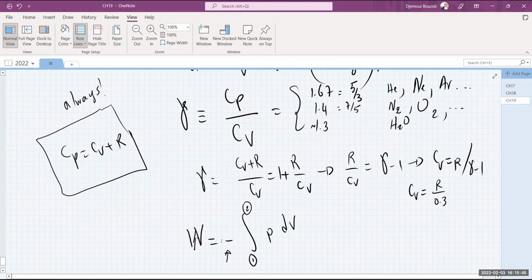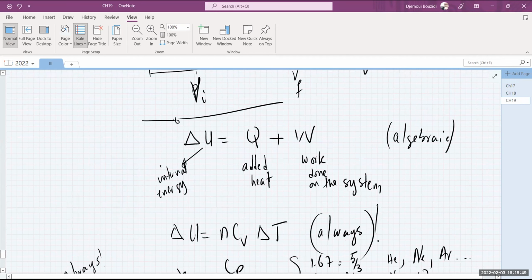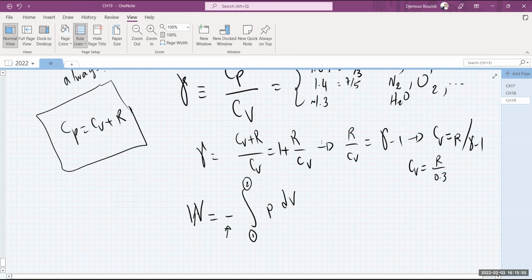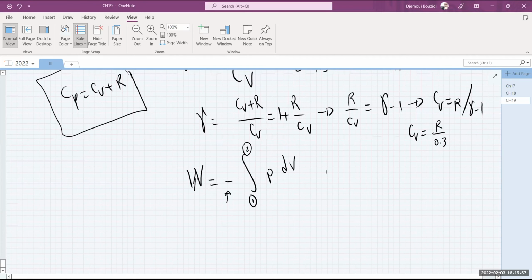In other words, if you decide to put a plus in here, delta U then becomes Q minus W. So there is always a minus one way or the other. You could skip the letter W altogether and write delta U from now on to be just Q minus the integral of PDV.